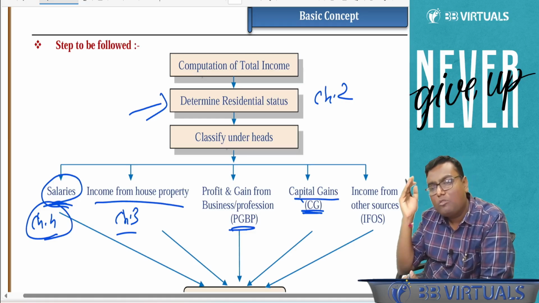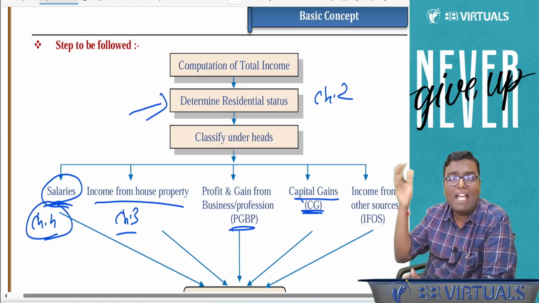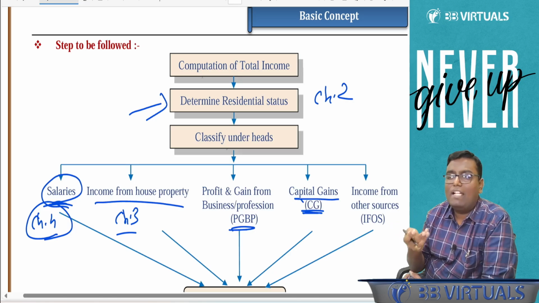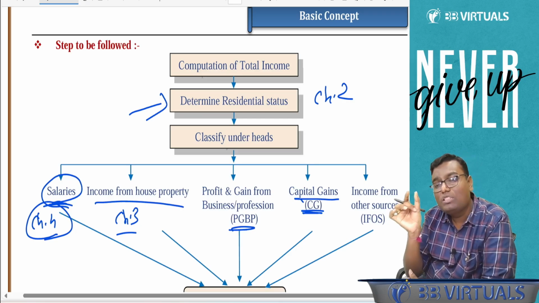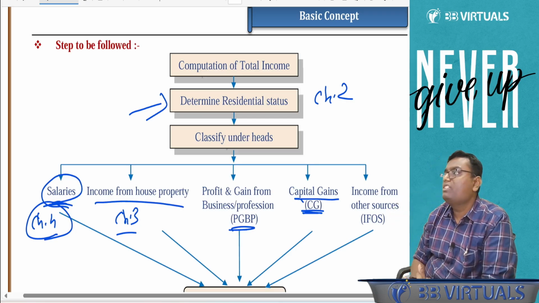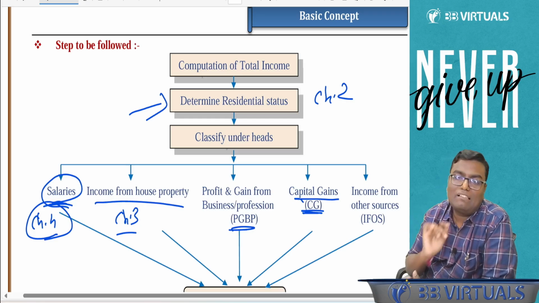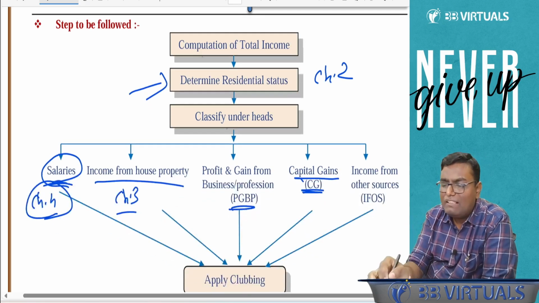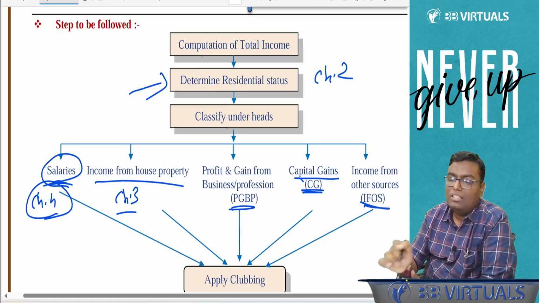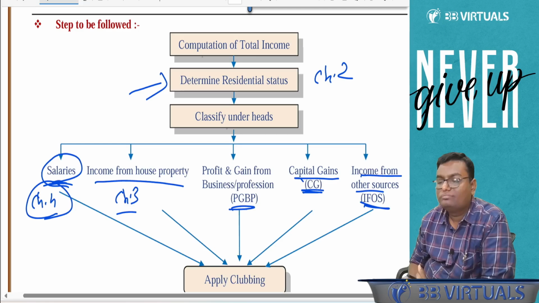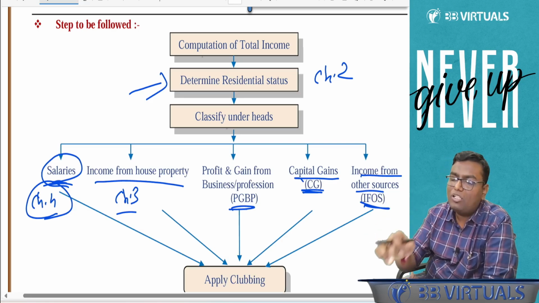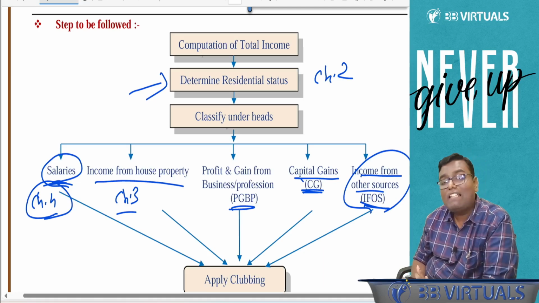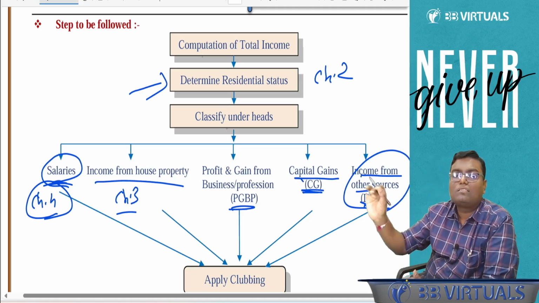If I have an old house property, old land, shares, or old jewelry and I sell the same, I will have a huge capital profit. This capital profit will be called what? Capital gains. And the last one is IFOS, full form income from other sources. If I have share dividend income, interest income, all residuary income will form part of this chapter. That is IFOS, income from other sources.